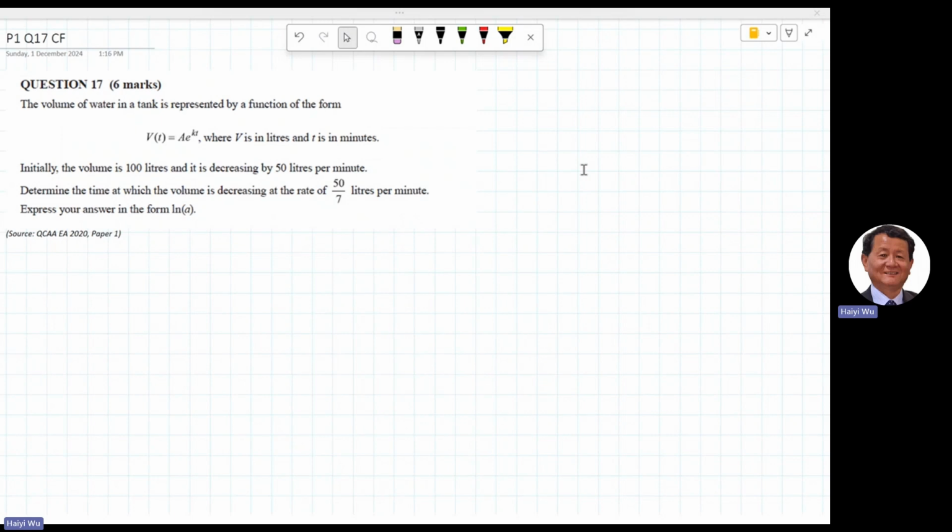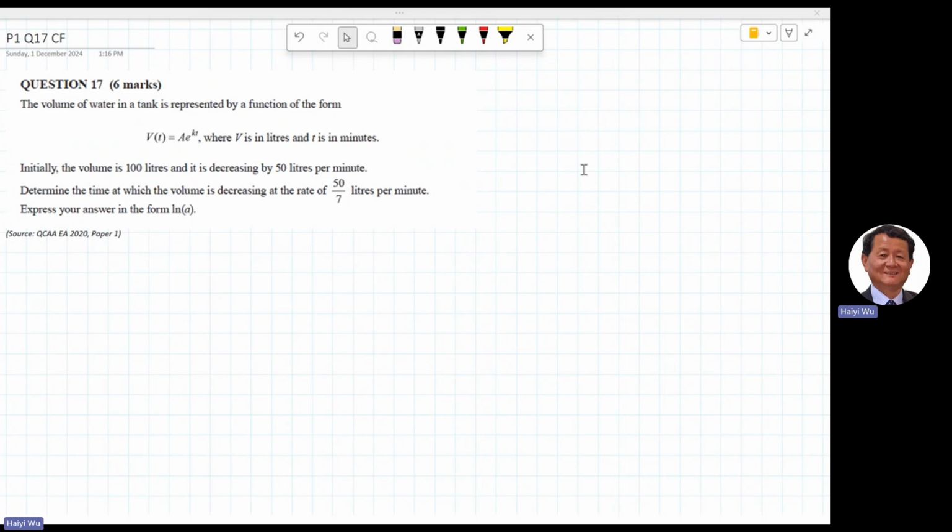Today we're going to discuss a complex familiar question for an exponential function. We have an exponential function for the volume of water in a tank, where the volume is V(t), equal to the function A e to the power of kt.